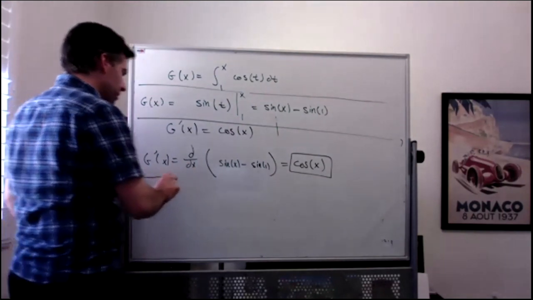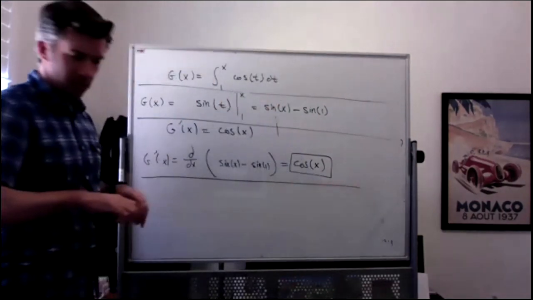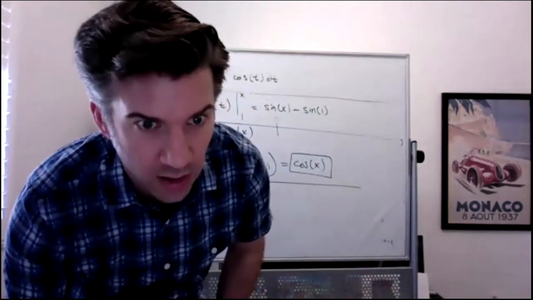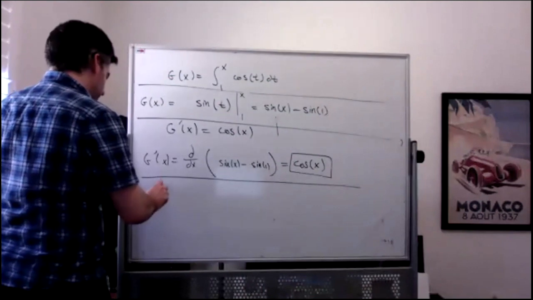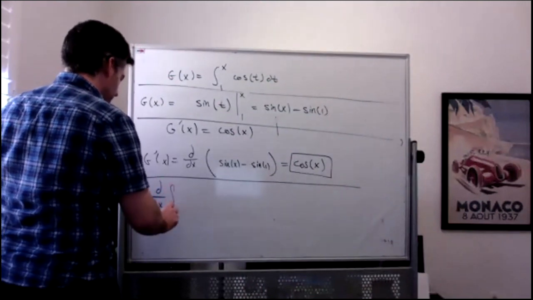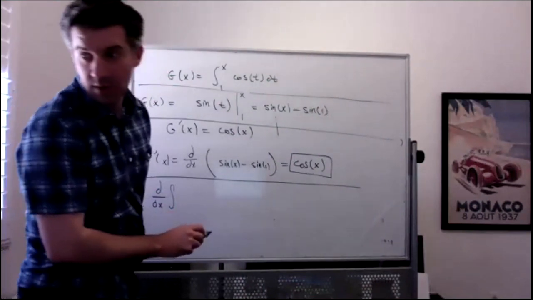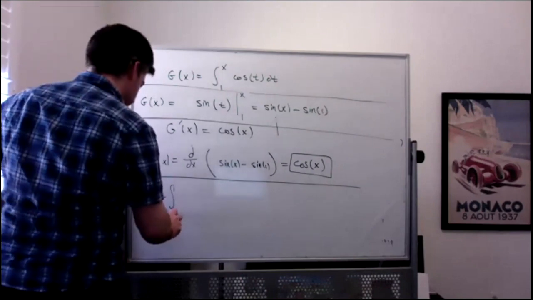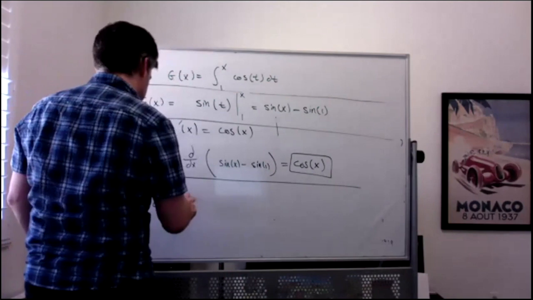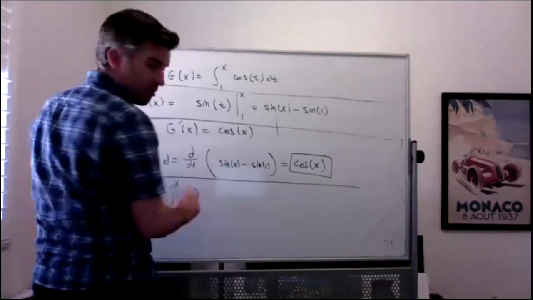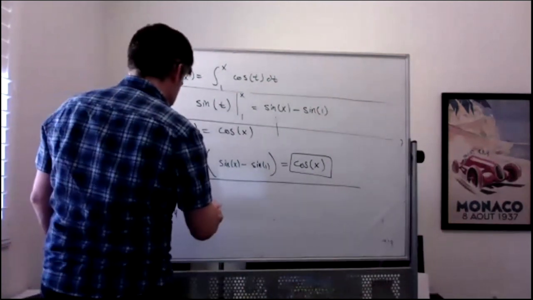We need it to kind of play the role of the variable, but really x is the actual variable we're interested in. In a similar way, we can do the same thing for the other question we asked, which was to find the derivative of the integral from 4 to x of 8t to the 7th plus secant squared of t.